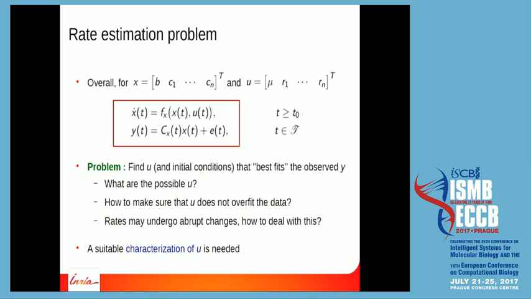And how do we cope with the fact that u may be smooth over constant metabolic regimes, and then may change abruptly at times where metabolic regimes change in the cell physiology? To address this problem, we need some suitable characterization of the possible u that we are seeking.